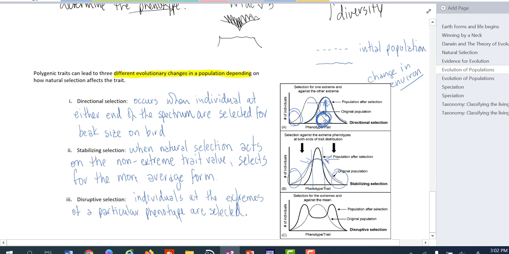Here's our original population in blue, a normal distribution for a particular phenotype, right? But for whatever reason, individuals at the extremes, so at this end, are selected for, and therefore we would see an increase in the population at the near end here, a dip in the middle to exaggerate it a bit more, and an increase in the appearance of individuals at the other extreme end. So we get this disruptive selection.